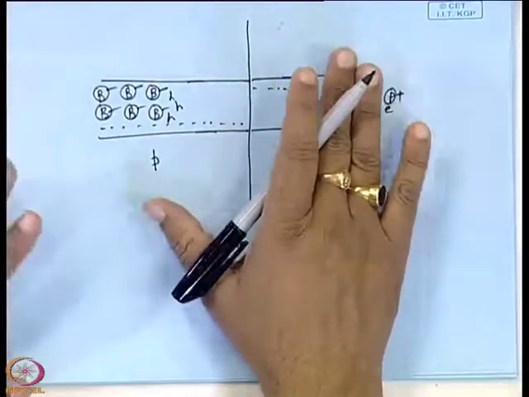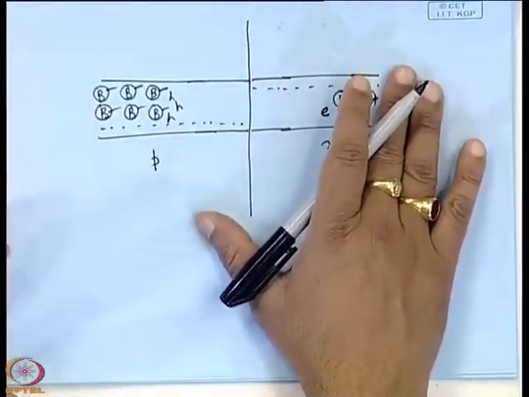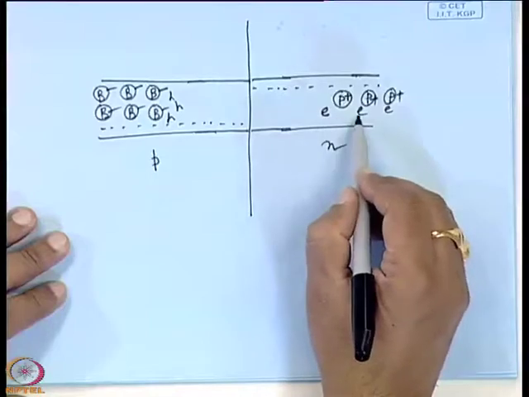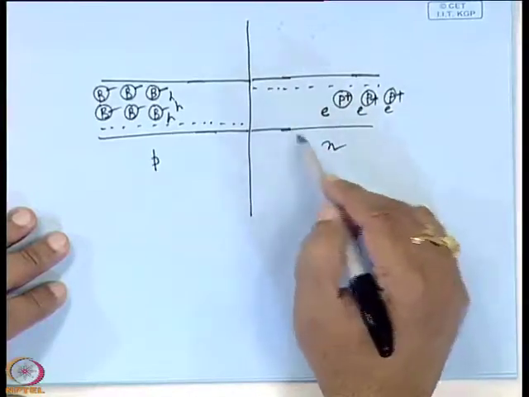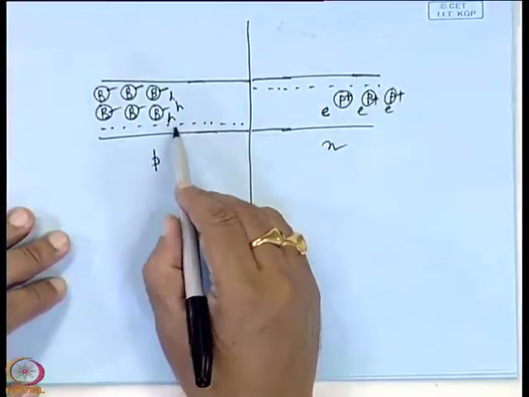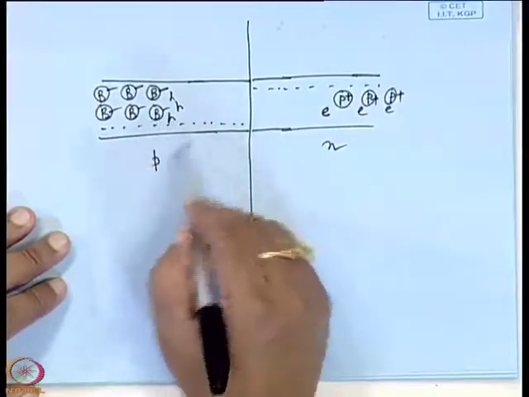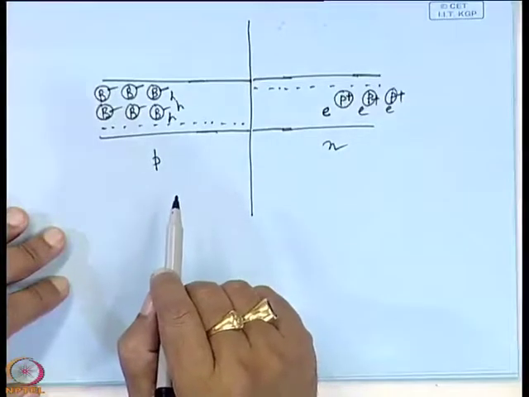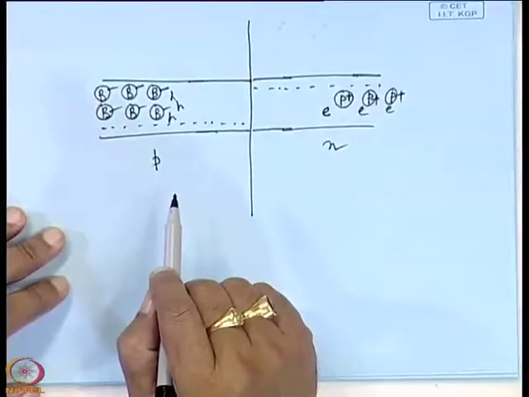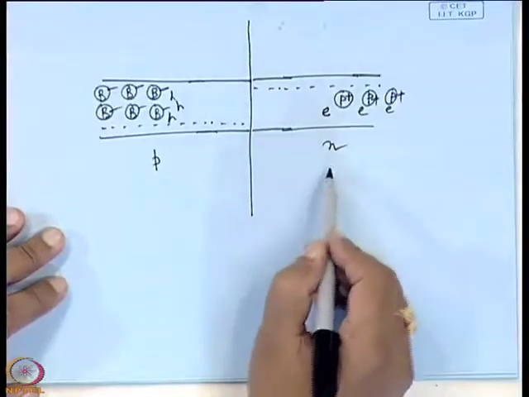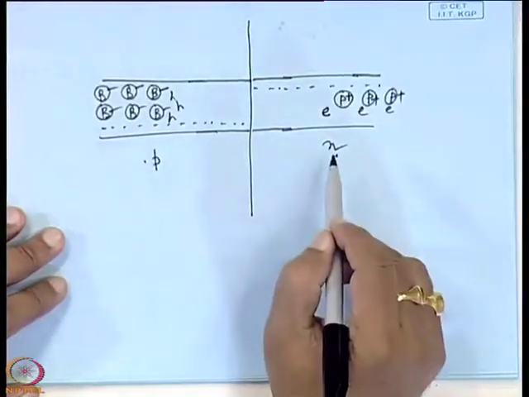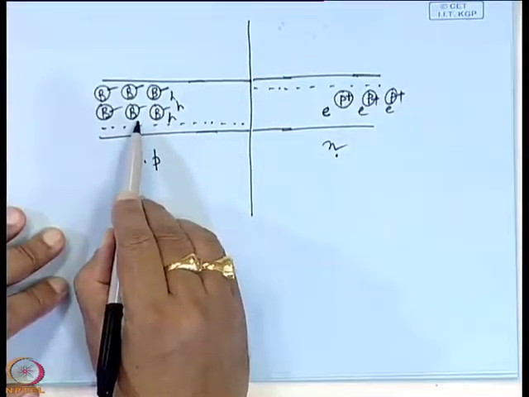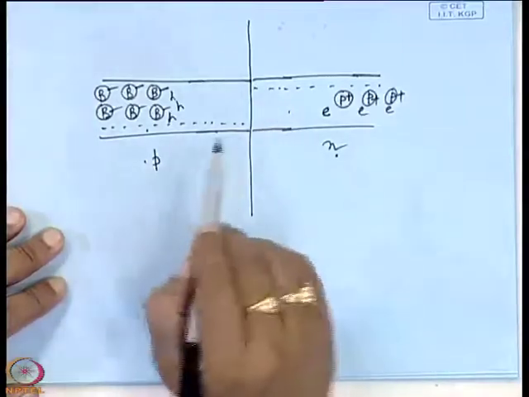So, in this diagram, you see that electrons are the majority carrier on the N side and holes are the majority carrier on the P side. So, there will be diffusion of charges from the higher concentration region to the lower concentration region. That means electrons will move from N side to P side and holes will move from P side to N side.